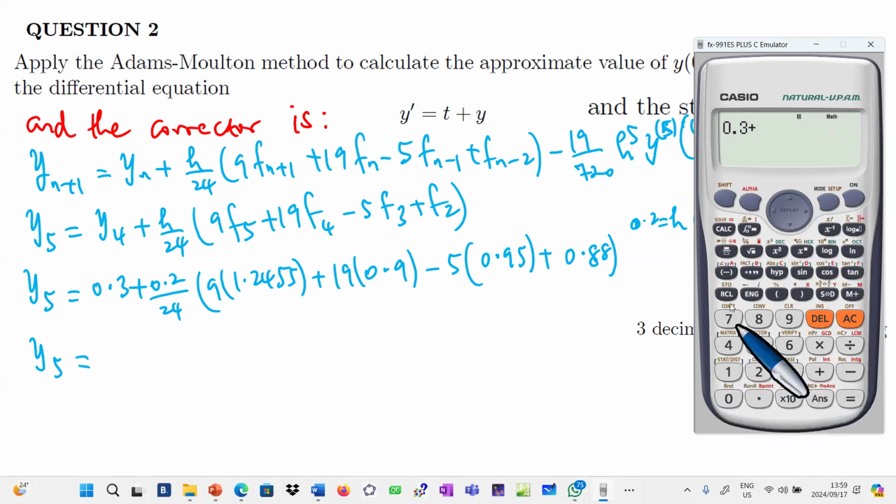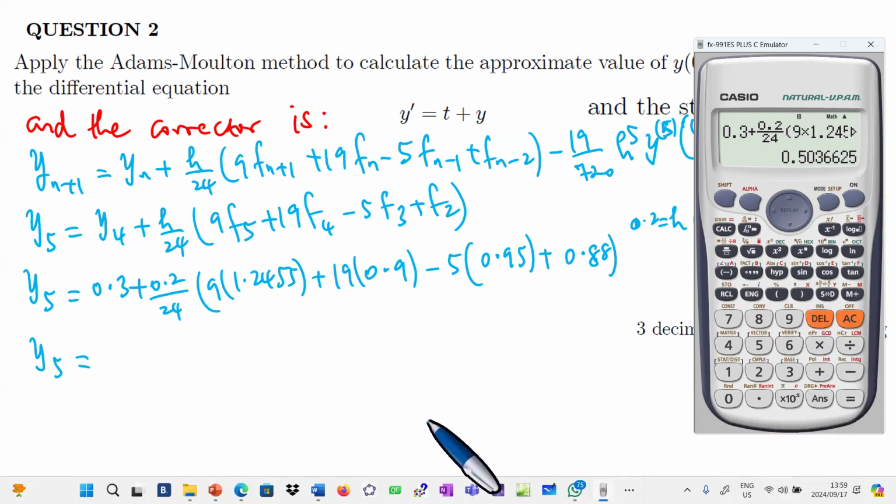0.3 plus 0.2, 24, 9 times 1.2455 plus 19 times 0.9 minus 5 times 0.95 plus 0.88.